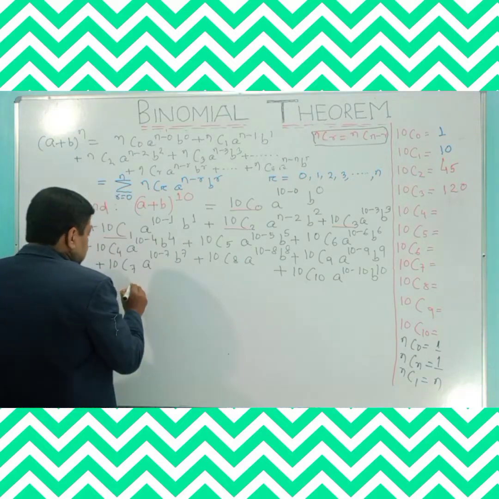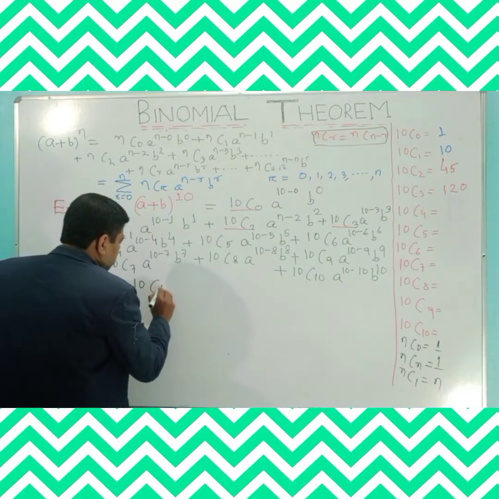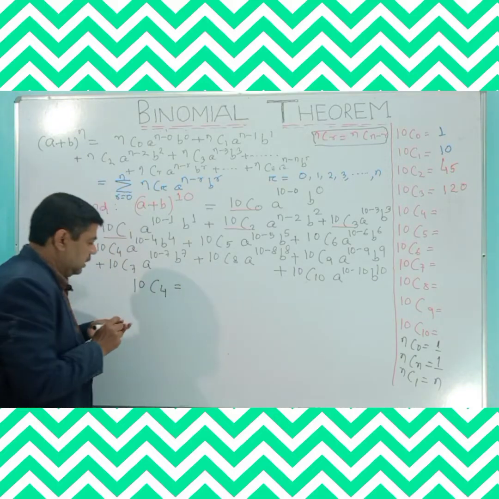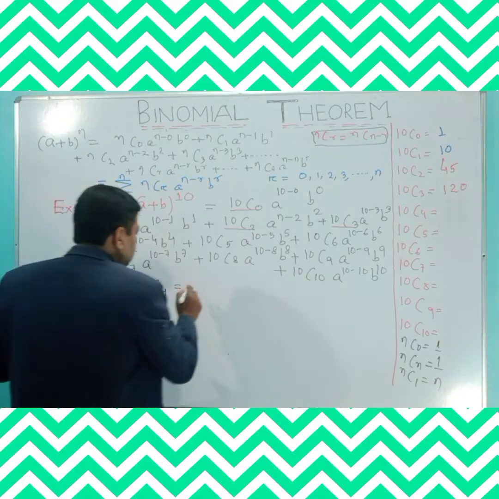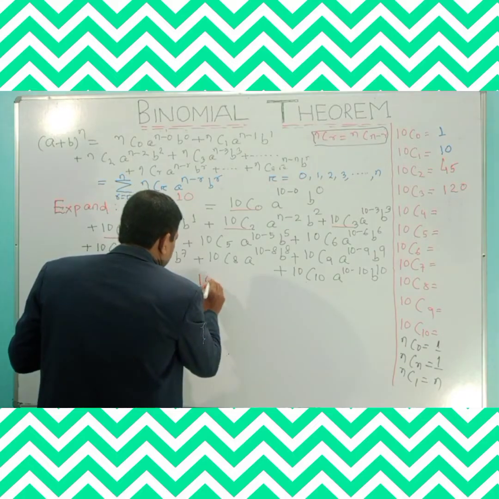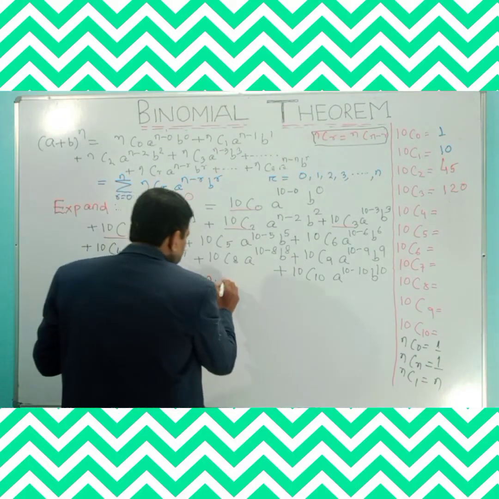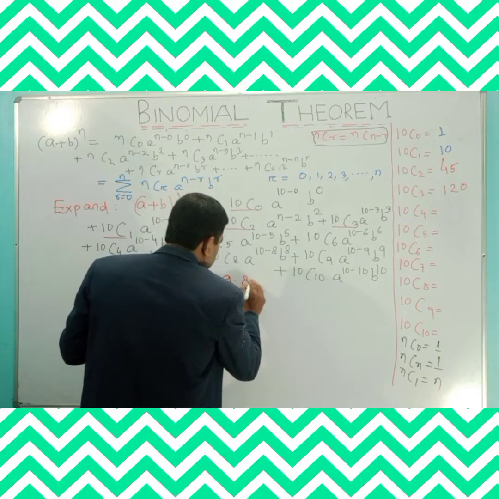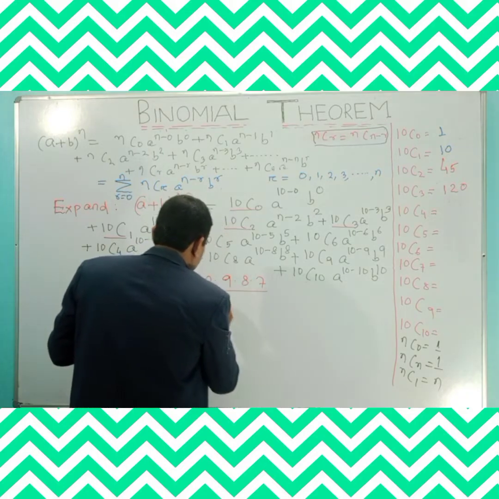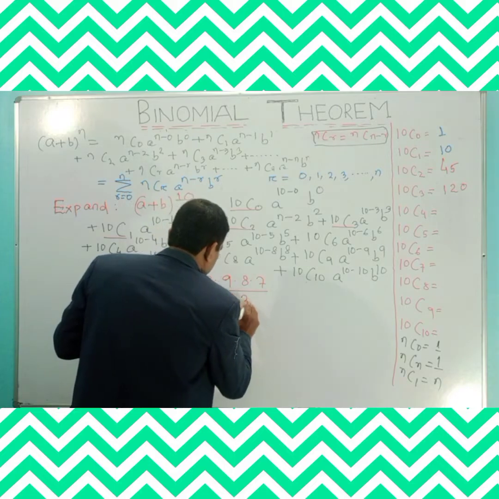Similarly, find out the next binomial coefficient in a systematic manner using the simple concept: 10C4. What is 10C4? You have to multiply 10, how many times? 4 times in descending order: 10 into 9 into 8 into 7, divided by 1 into 2 into 3 into 4.